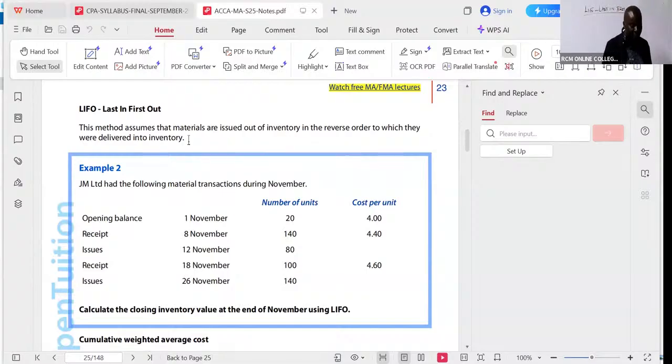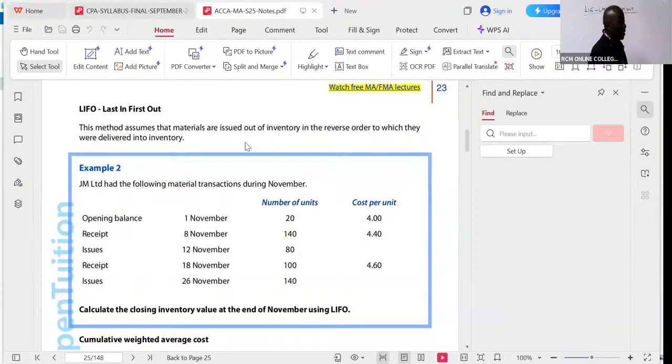I repeat, this method assumes that materials are issued out of inventory in the reverse order to which they were delivered into inventory, i.e., the newest batches are issued first.